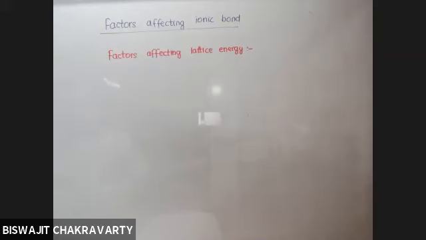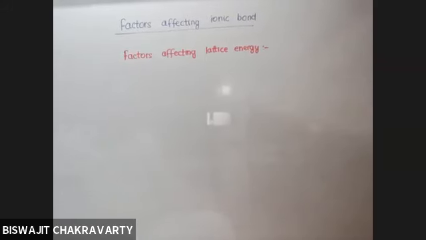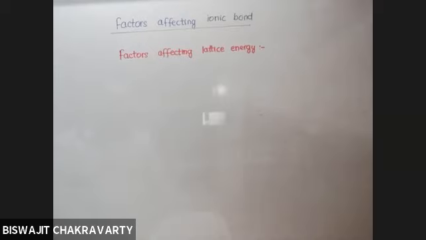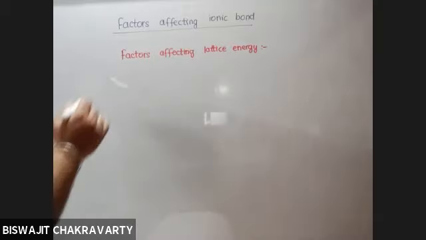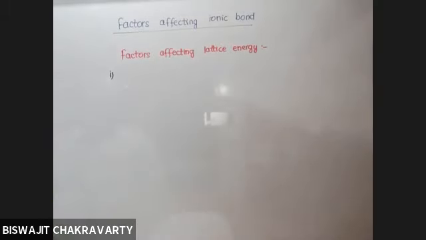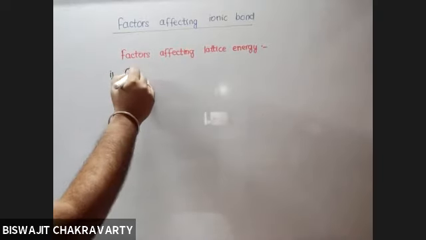So this must be taken care of. The magnitude of lattice energy release should be high, I have already told you. And what factors actually determine the magnitude of lattice energy? The first important factor that decides the magnitude of lattice energy is the charge on the ions.